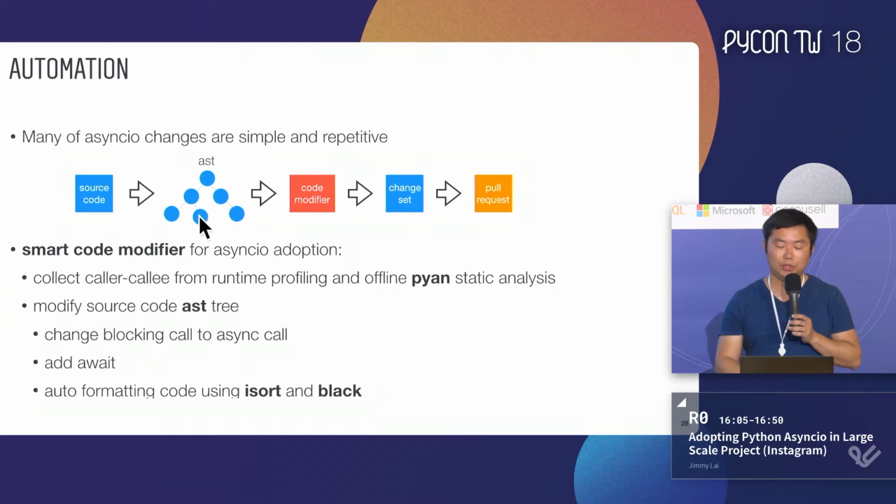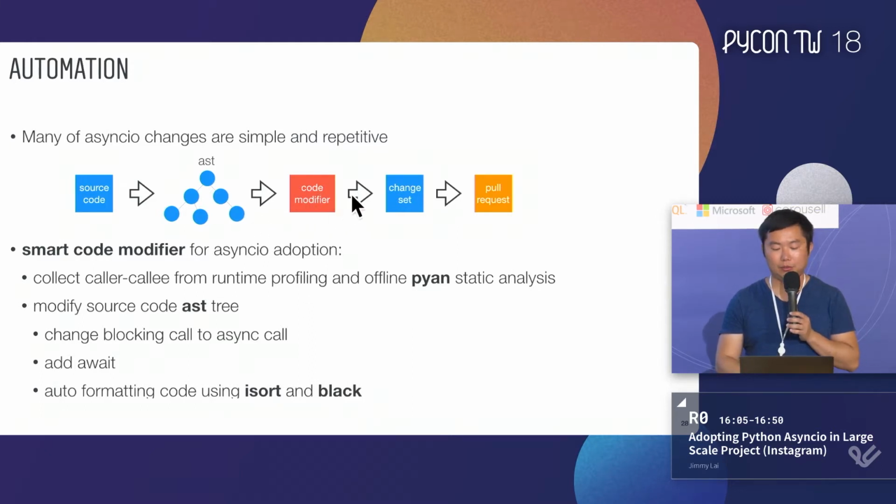And then with all the caller-callee database, we can identify which function has a blocking call. And then we can build a code modifier for it. Our code modifier is based on AST. So we compile the source code into an AST tree, and we modify the tree. The modifier will modify the tree.